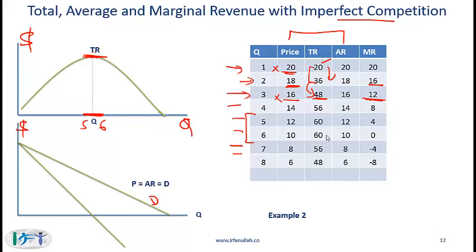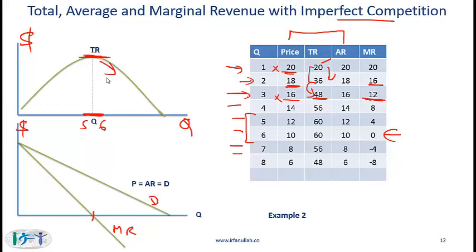And notice that when this happens, the marginal revenue is 0, because as we are going from 5 to 6, the additional revenue is 0. That's why the marginal revenue curve is at 0. In other words, it intersects the x-axis where total revenue is at a maximum. At this point, the total revenue is not changing.